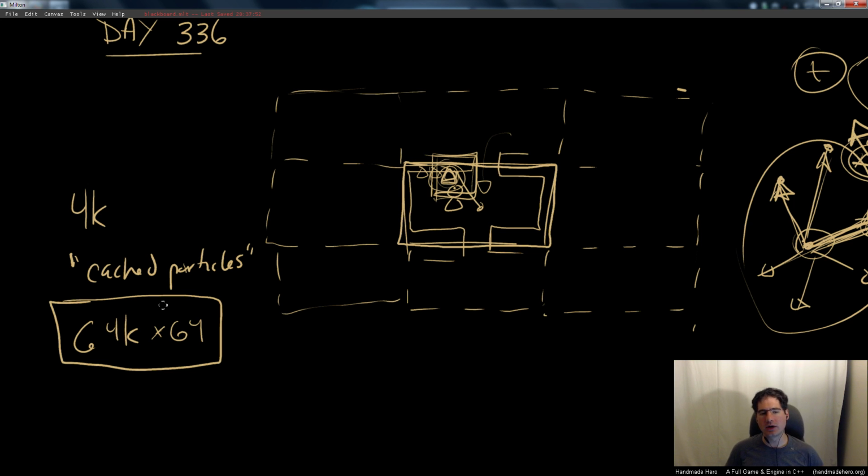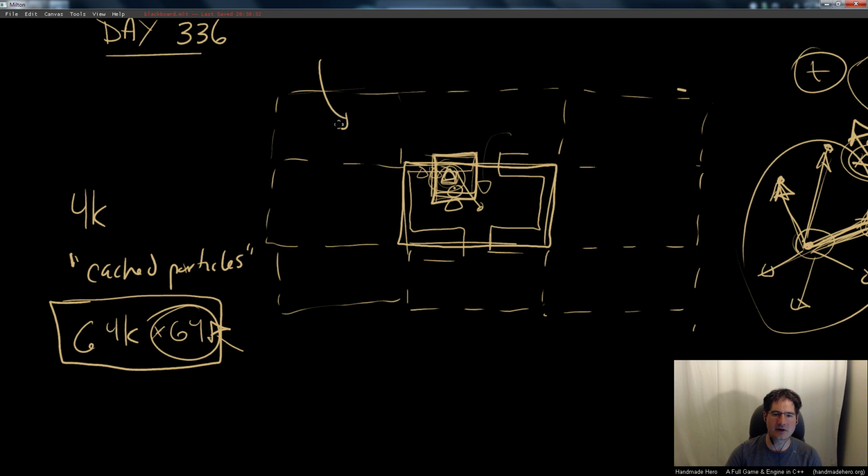And then what we do is when we unpack a particle system, we use its unique ID to look up into a particle cache of 64 of these to see if we have a match. And if we have a match, then it just simulates that particle system. If we don't have a match, we evict the oldest thing in that cache, like whatever the least recently used particle system was, we evict it and reinitialize this one in its place, right?